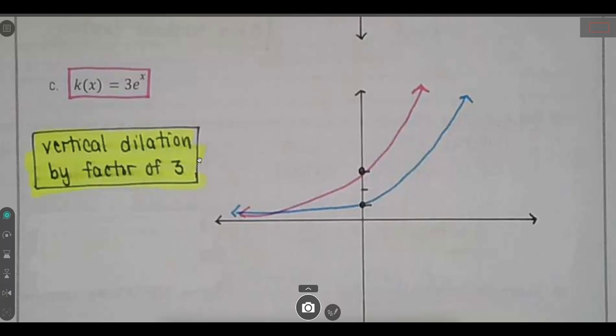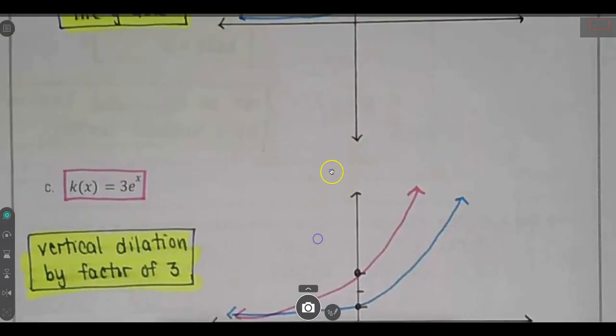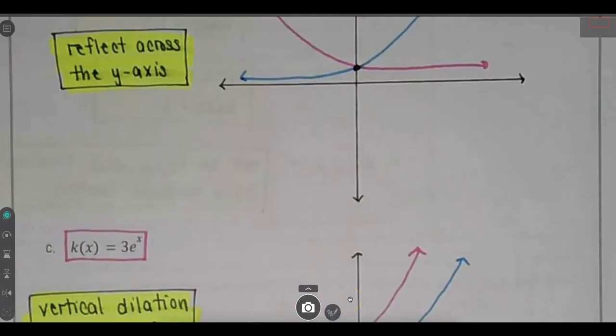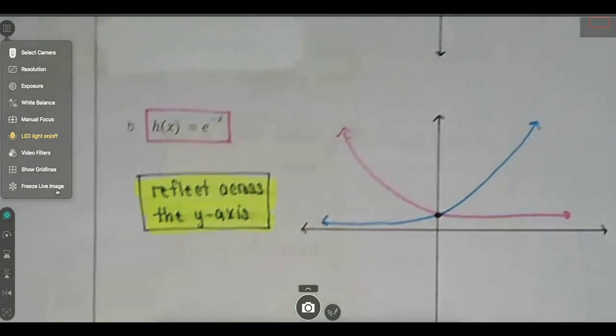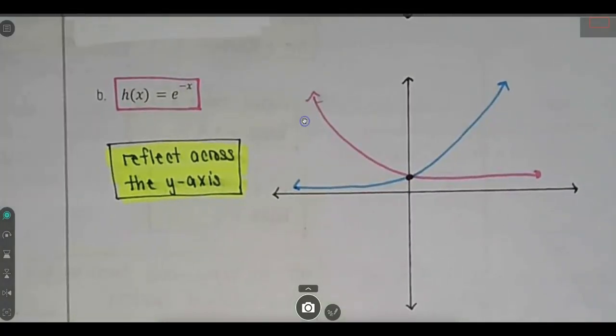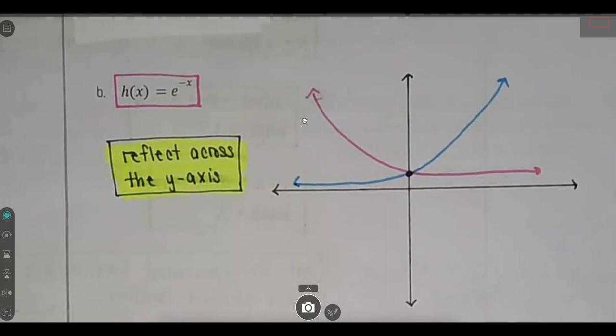Did I go too fast through that? A little bit? Do I need to go back at all? So here's B. Do I need to go back to A? You got it.